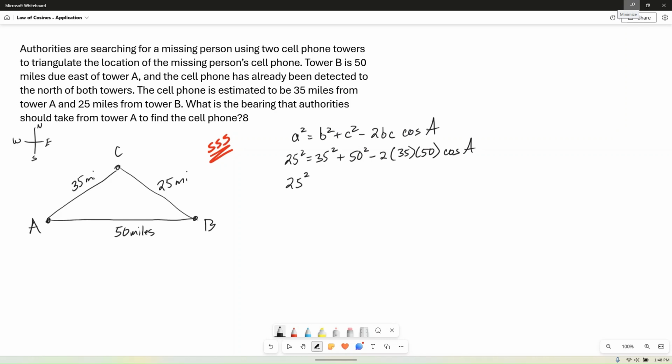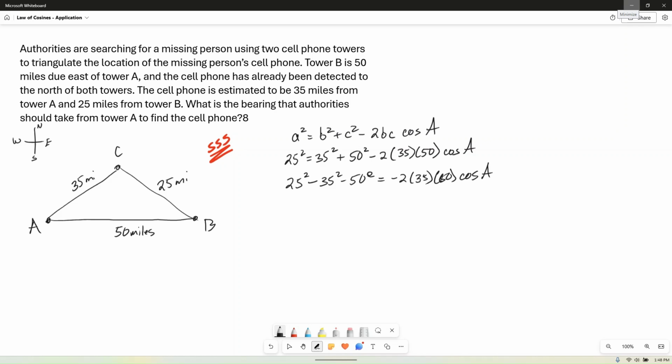That gives 25 squared minus 35 squared minus 50 squared, which equals negative 2 times 35 times 50 times the cosine of A. To get A by itself, I divide by the negative 2, 35, and 50.